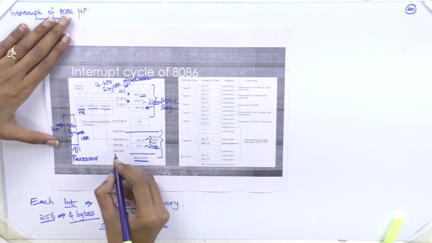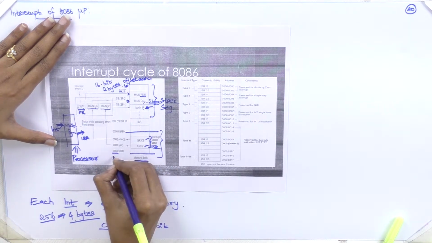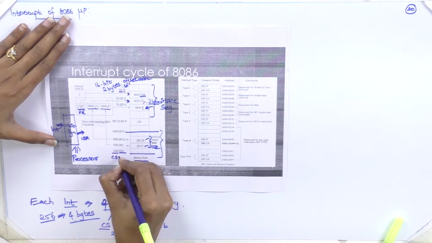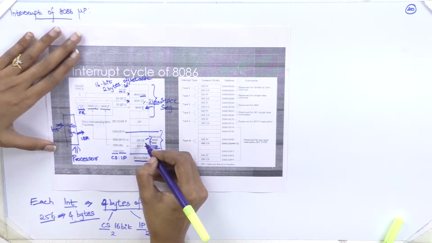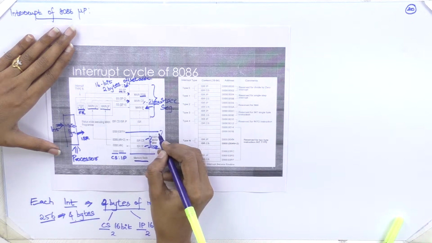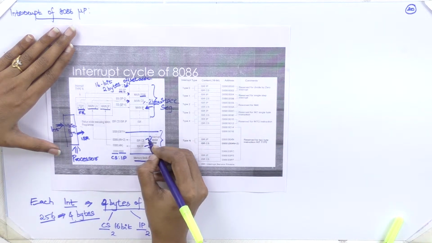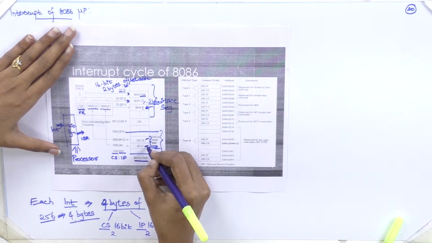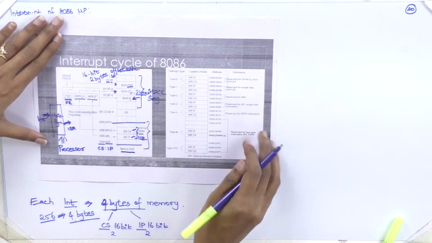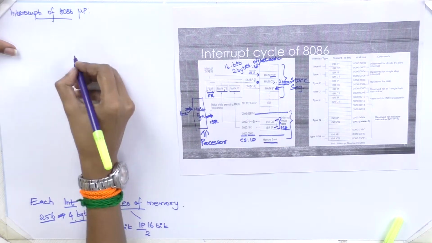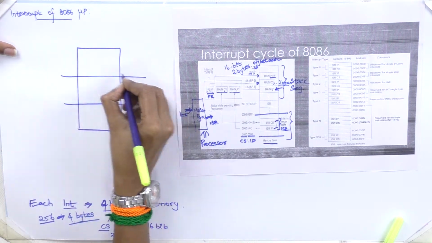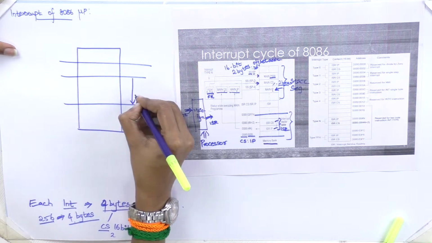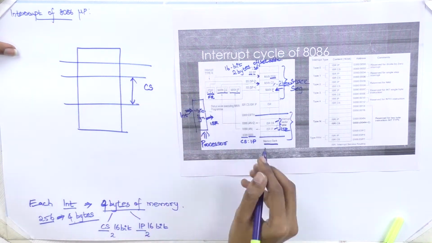This value is nothing but CS and this value is nothing but IP, that will be stored here. We will take this value out and your processor goes to this specific location, goes to the code segment. If this is your memory, this part is your code segment.